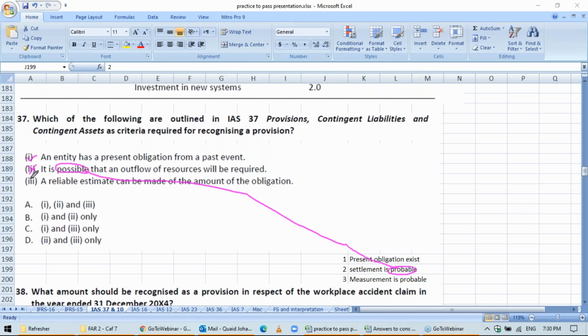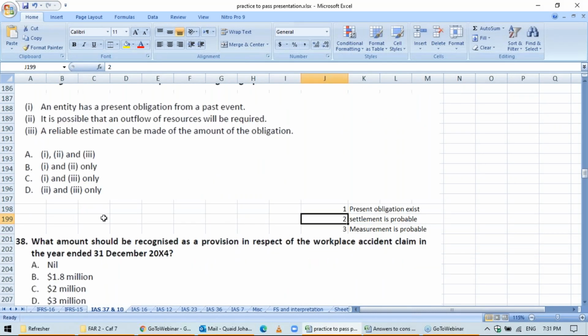These two are there: present obligation, and a reliable estimate can be made. So the right answer is 1 and 3. C. Okay, let's move ahead. This was a simple one.